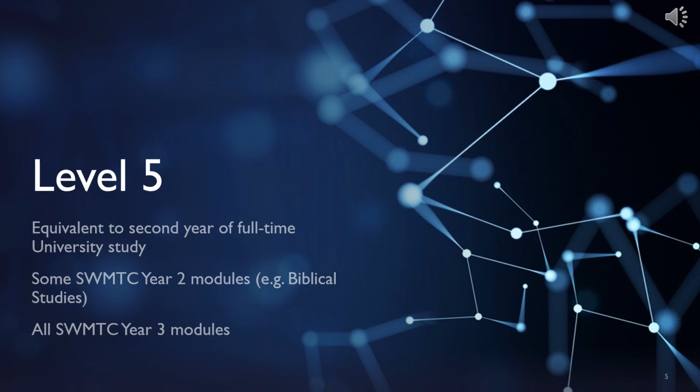Similarly, courses which would normally be studied at second year of full-time university study are referred to as Level 5. And students who are going on to study more than the 120 credits certificate, so that's people doing a 2-year certificate 180 and people doing a diploma, both for ministry training and independent students, go on to study these Level 5 modules during SWMTC's Year 2.